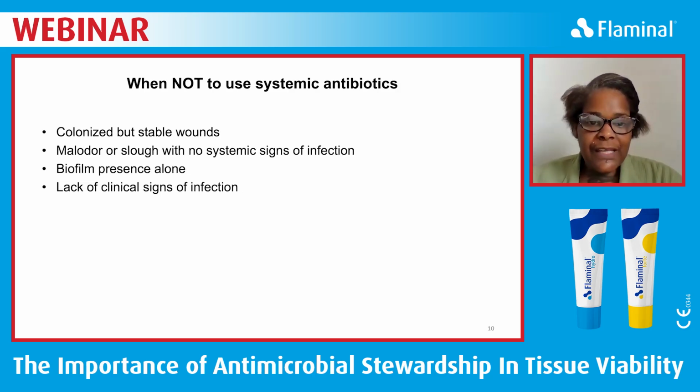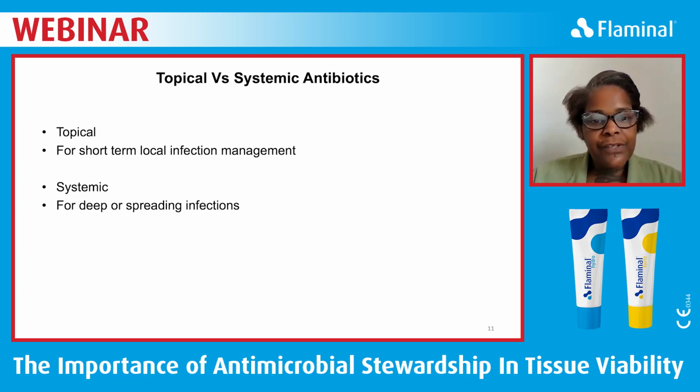We should not use antibiotics when the wounds are deemed to be colonized but stable, when malodor or slough with no systemic signs of infection are present, or when biofilm on its own is present. We should also not use antibiotics when there is lack of clinical signs of infection, as highlighted above.